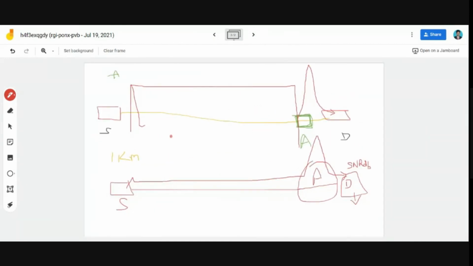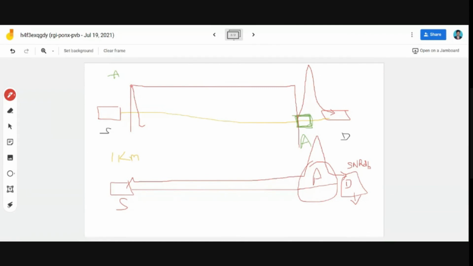The same kind of signal will be sent from source to destination. See here, this is an amplifier from source to destination.